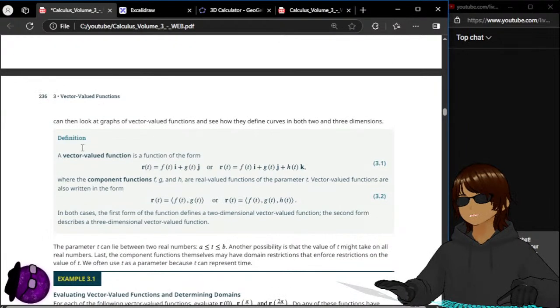So, definition: a vector valued function is a function of the form r(t) = f(t)i + g(t)j, or in three dimensions, r(t) = f(t)i + g(t)j + h(t)k, where the component functions are real valued functions of the parameter t. Vector valued functions are also written in this form.